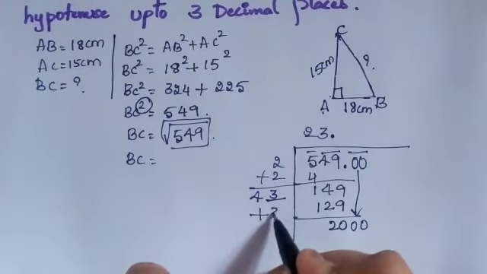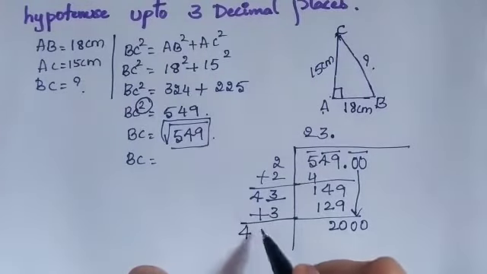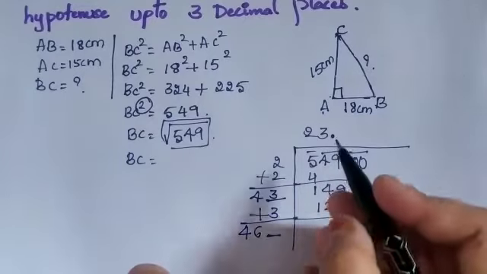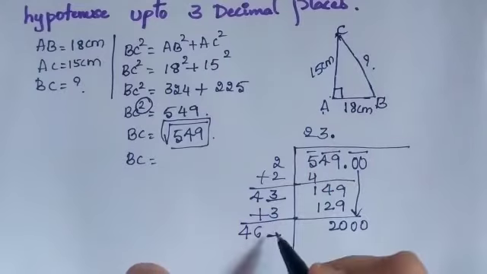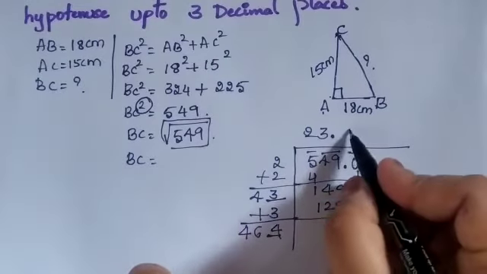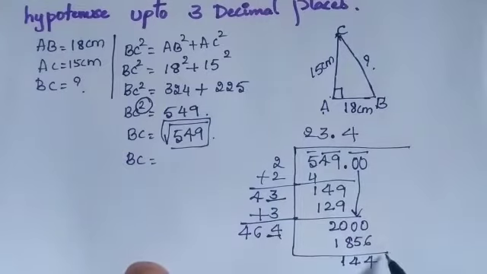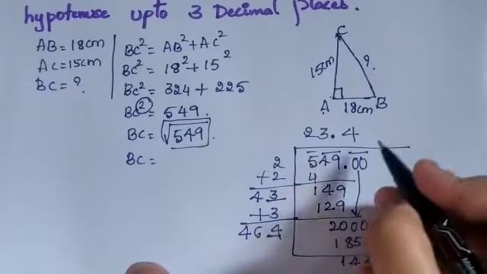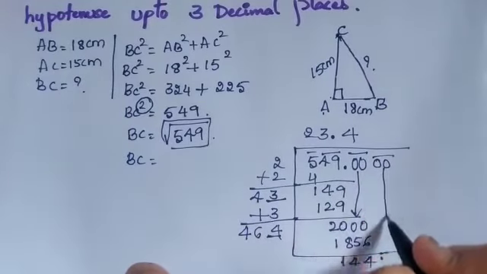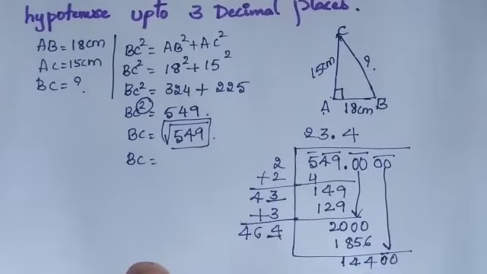Now 43 plus 3 means 46, and another number I have to join, and that same number I have to multiply. So 464 times 4 I am getting 1856. So now let me subtract it. 2000 minus 1856, I am getting 144 here. Once again, I can join 2 zeros here.